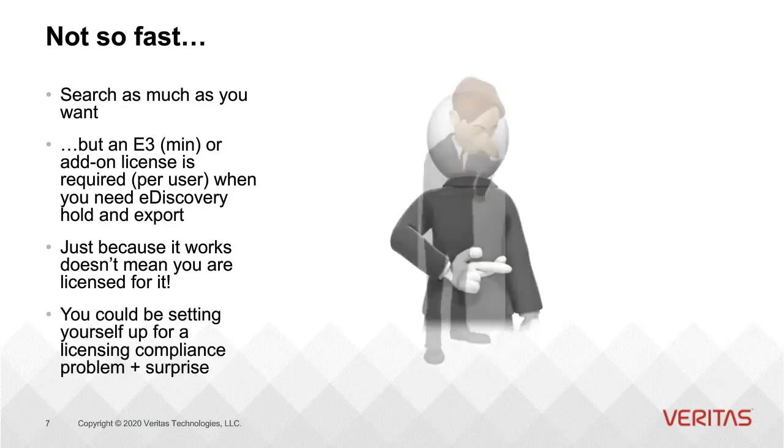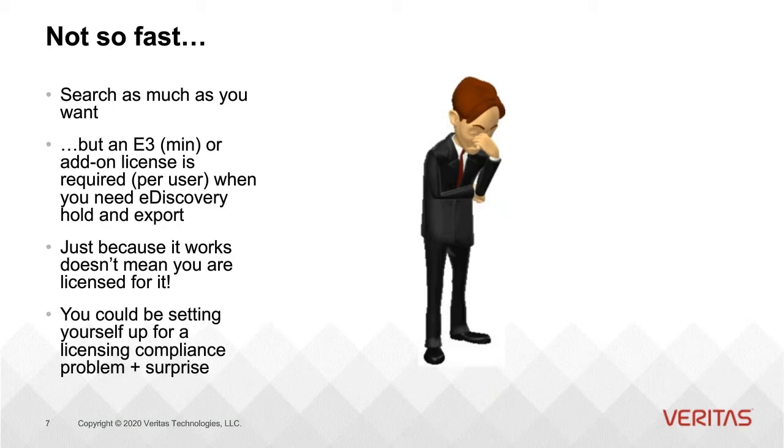But if you continue to do that for a year or so, you could be setting yourself up for a licensing and compliance problem or surprise, and you may get a call at the end of the year when you do the true-up with your licensing, and you may be expected to pay for the usage of something that you actually weren't licensed for, that you needed and you used.